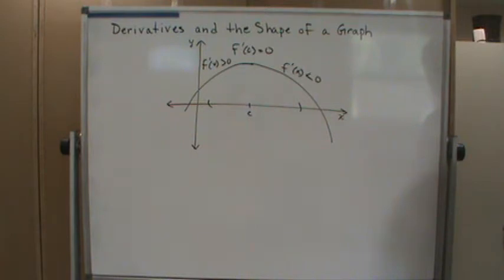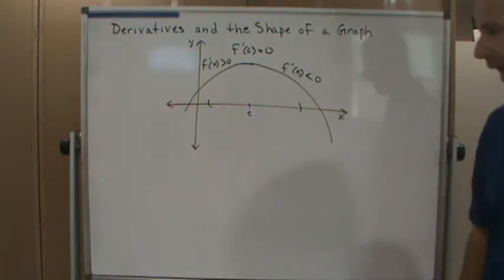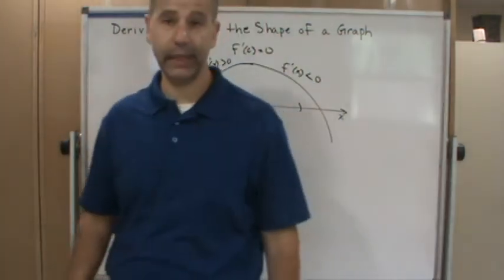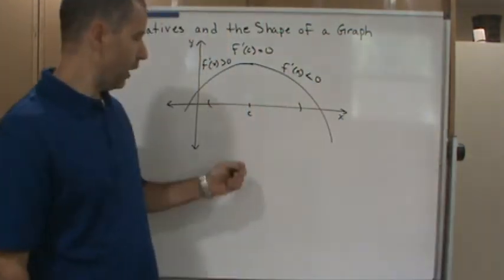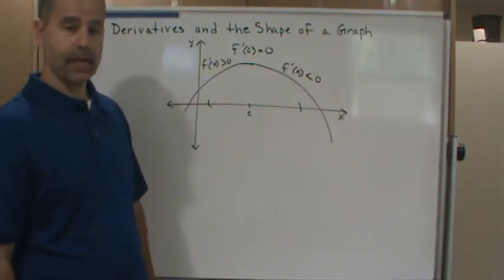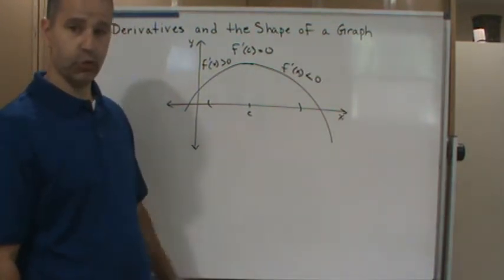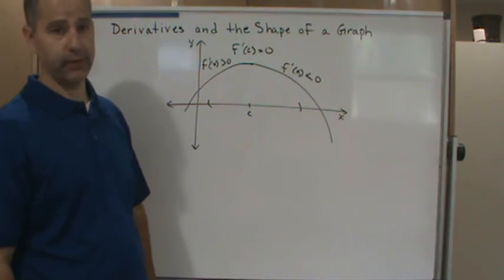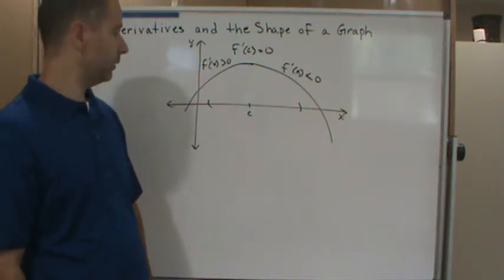And so that gives us something that we can use to help locate maximum and minimum points. And that's going to be the prelude to what we're going to call the first derivative test.